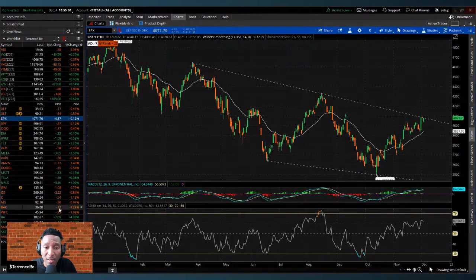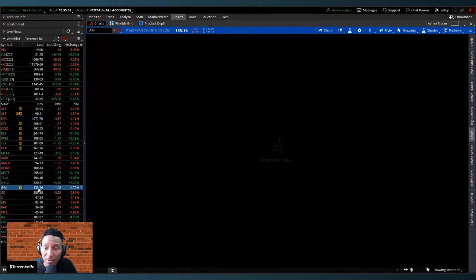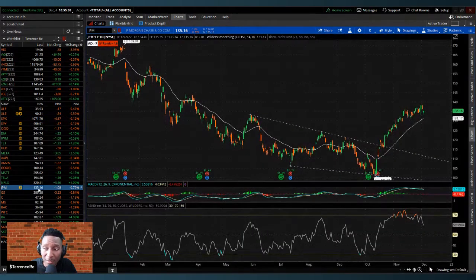All the banks closed down on Friday. One thing I like to look at is the banks, and you can look at the XLF, which has these banks in it. If the banks are down, you're pretty much not going to get a real big move. That's based on my experience.